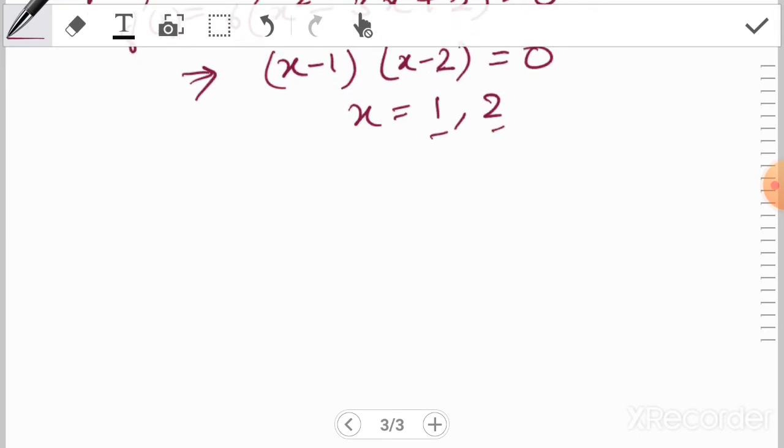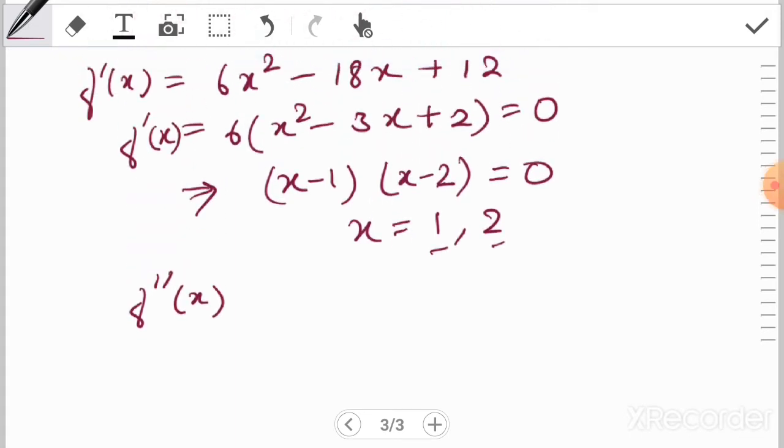So let us check f(x) at 1. Sorry, we have to find f double dash x. Okay, now differentiating again f dash x with respect to x, we have 12x minus 18.